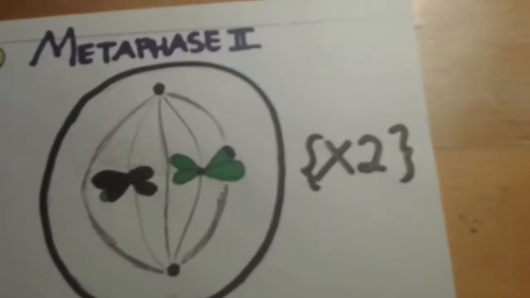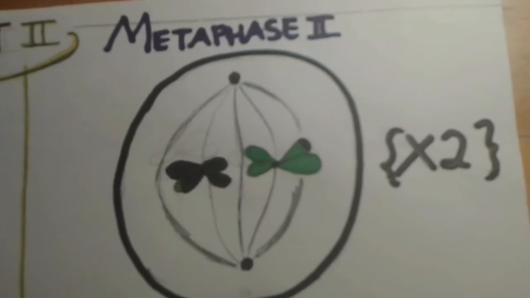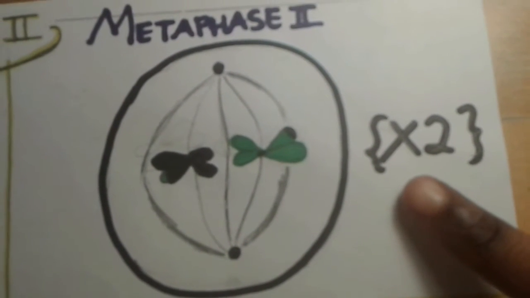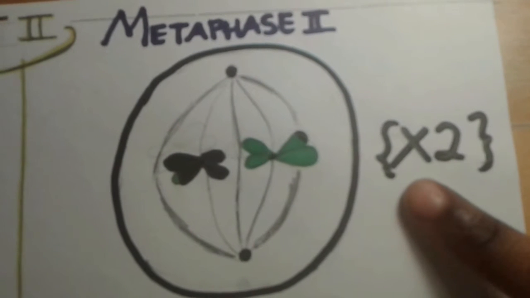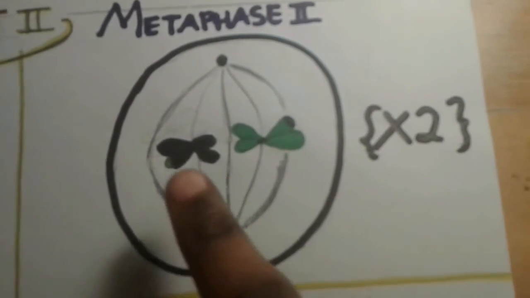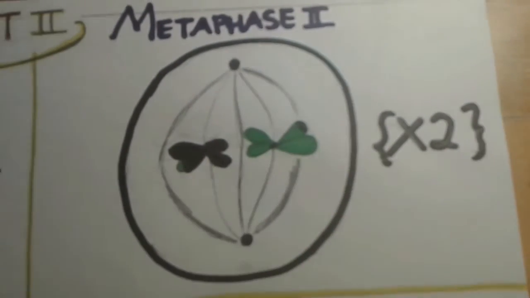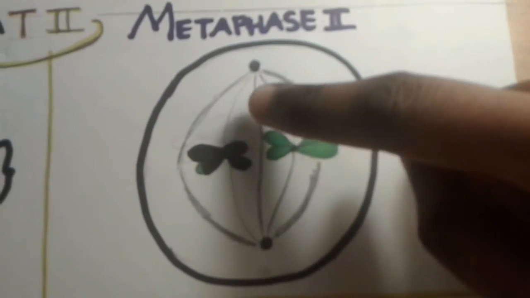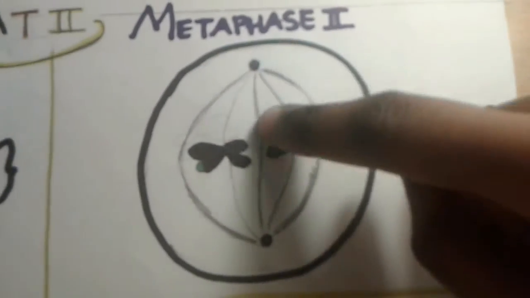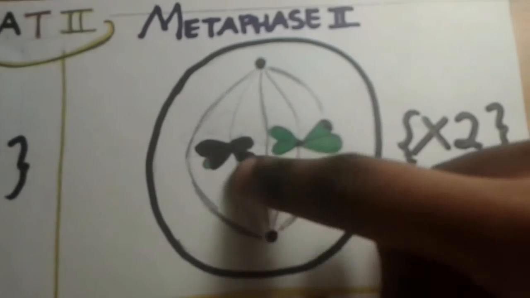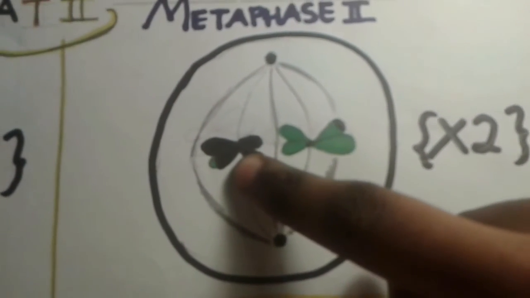So at metaphase 2, I've got a diagram here again. This represents that metaphase 2 is happening to both the cells. The chromosomes arrange themselves at the equator again, the middle of the cell. And again, like I mentioned before, the spindle fibers of the centrioles at both poles end up making contact with the centromeres.